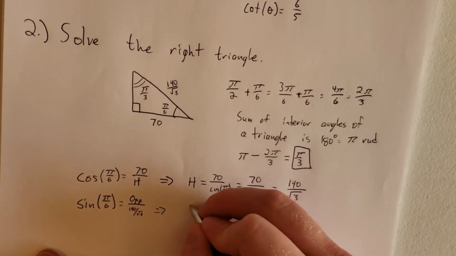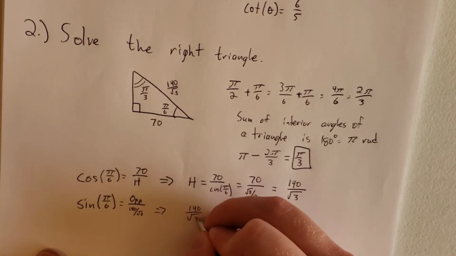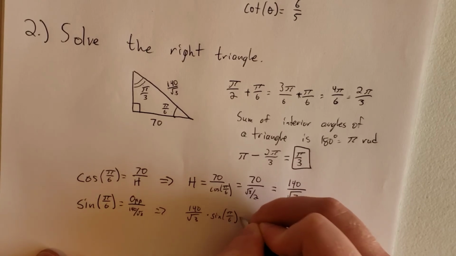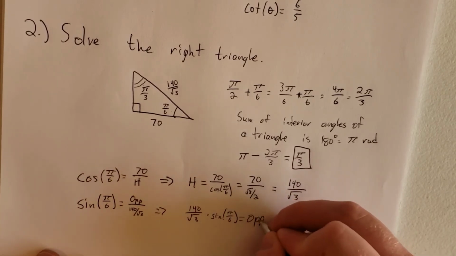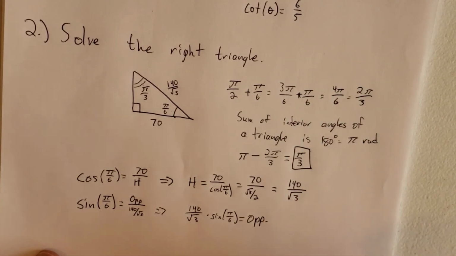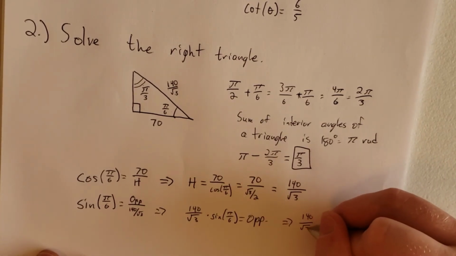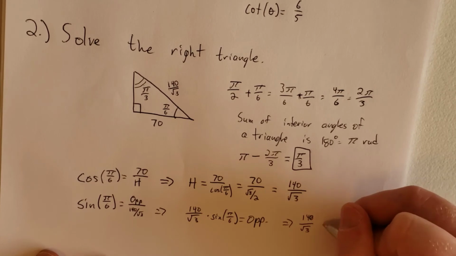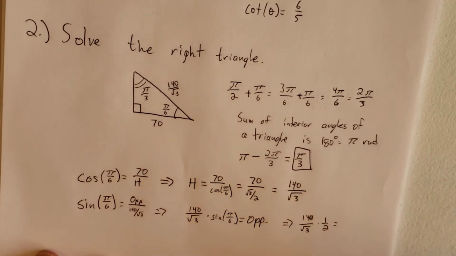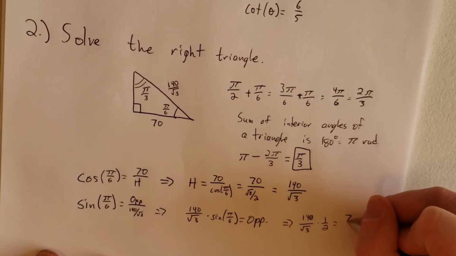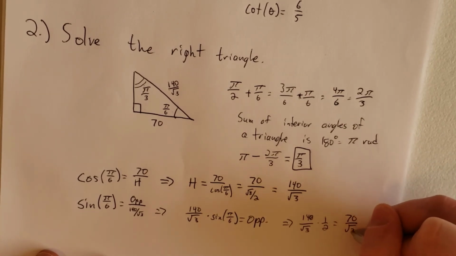So if I do that, I get 140 over the square root of 3 times sine of pi over 6 is equal to the opposite side. Well, sine of pi over 6 is 1/2. So we get 1/2 times 140 over root 3. So that is 70 over the square root of 3.